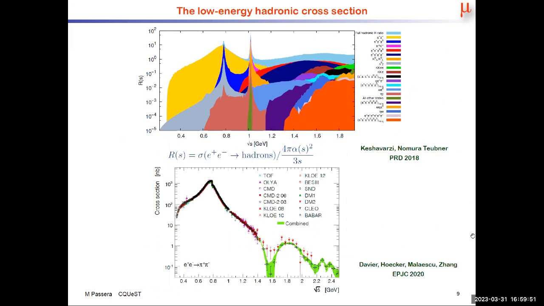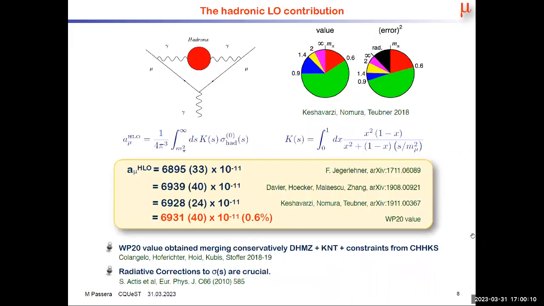There are differences, for example, in the pi channel, which is the most important one that you see here, the plus and minus into pi. There are differences between the Chloe measurement and the Babar measurement. The Chloe measurement tends to be lower, the Babar measurement higher. These differences have been included in the systematic evaluation, in the systematic error that you see here, in the 40 that you see here.